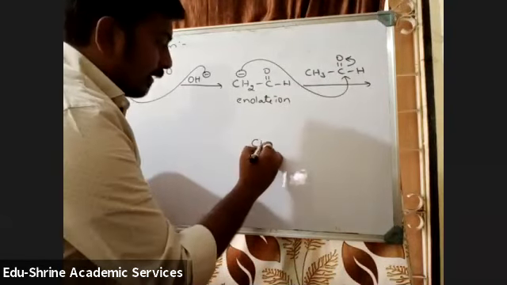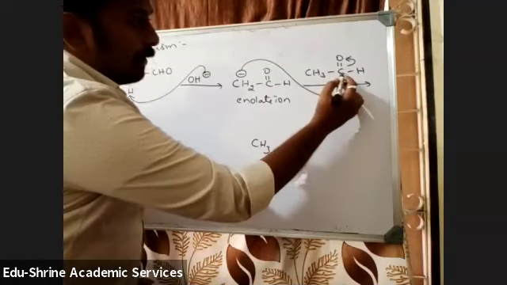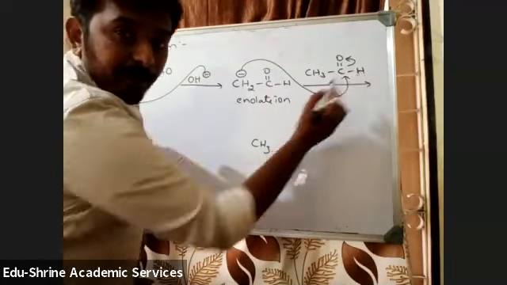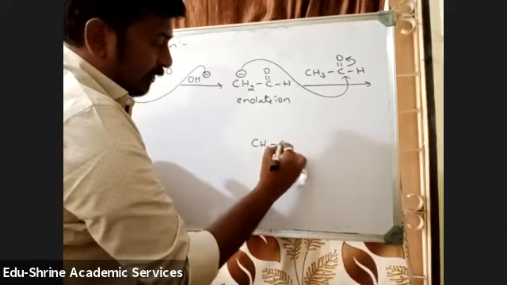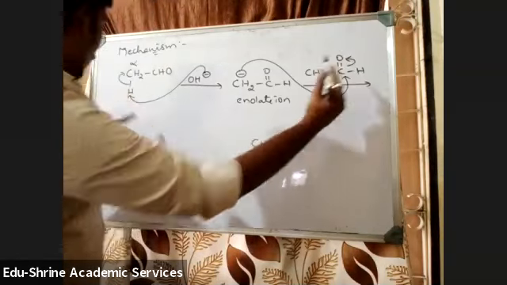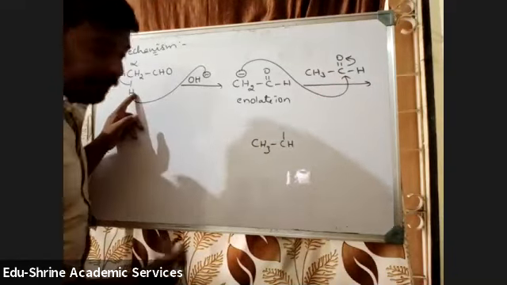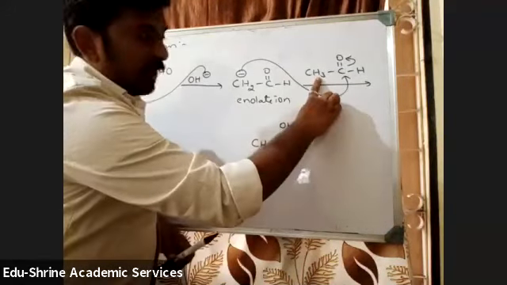Then what you'll get? See here. I'll start writing from here. CH3. To this carbon atom, there is one hydrogen. Carefully observe how I am writing. To this carbon atom, there is one hydrogen, CH. This is O minus you will get here. The O minus will be taking H plus from here and it gets converted to OH. This is CH3.